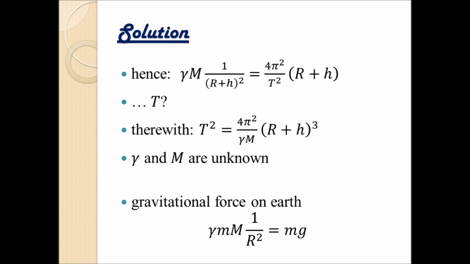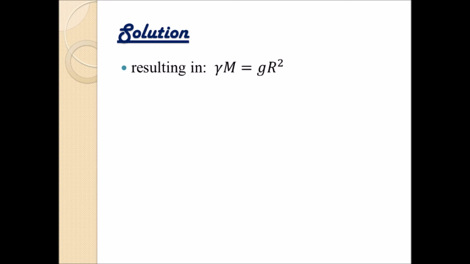And of course, this is not standing alone, because on the surface of Earth, we can actually describe the gravitational force really in a simplified way, because it's nothing more than mass m of the object, the satellite, multiplied with the gravitational acceleration g on the surface.